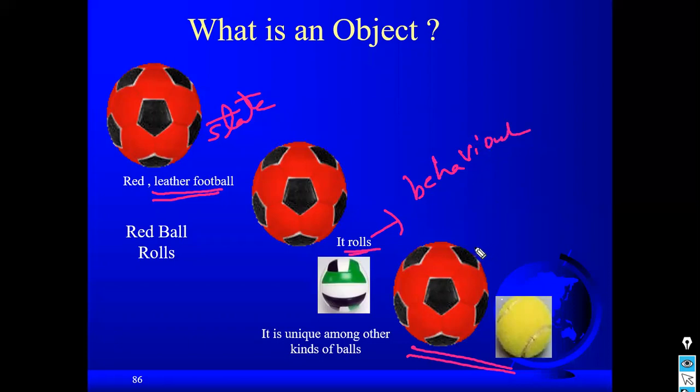And the name, football, cricket ball, tennis ball, the name defines the identity. That is how you identify the object. So this ball can be treated as an object. That means you can touch it, you can feel it. That is a physical thing. So this is all about an object.